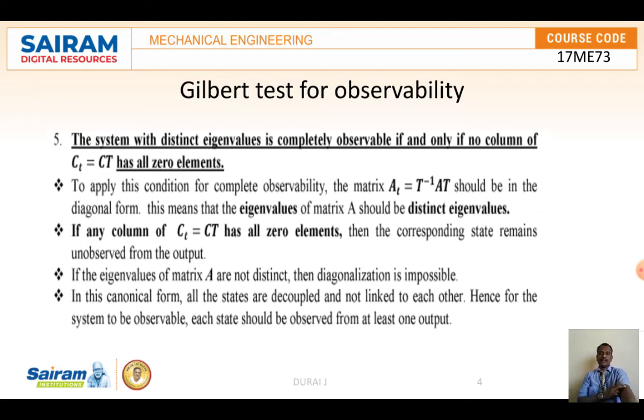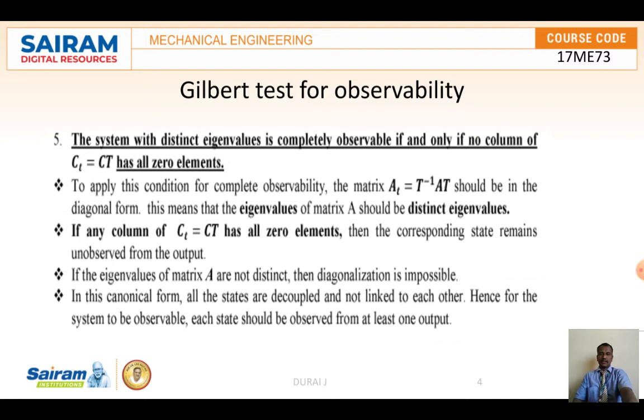Normally T inverse A T is in the diagonal form, though it may be of different types. This means that the eigenvalues of matrix A should be distinct.